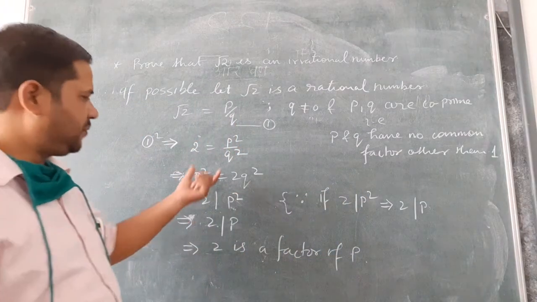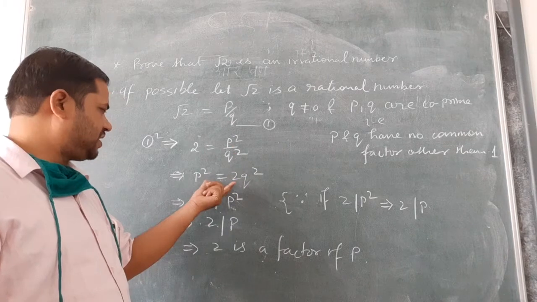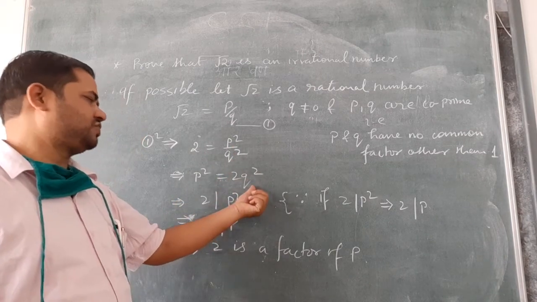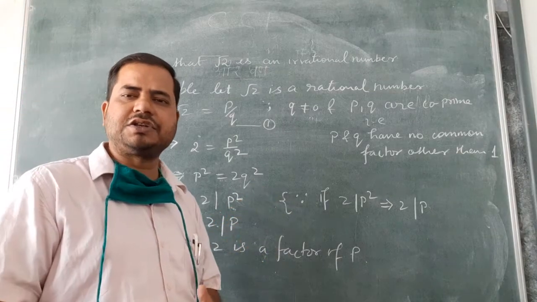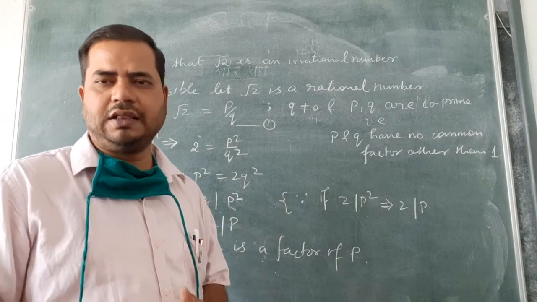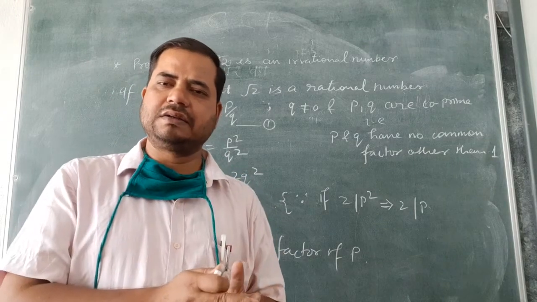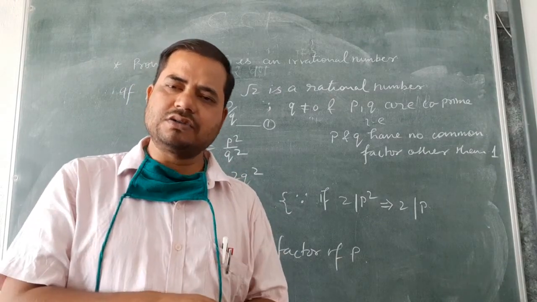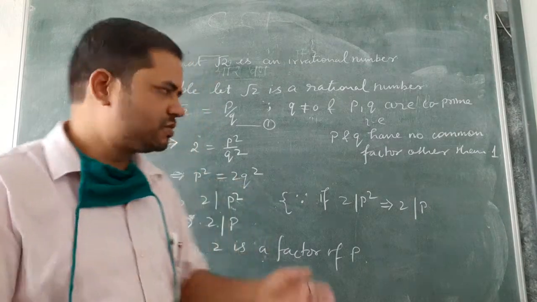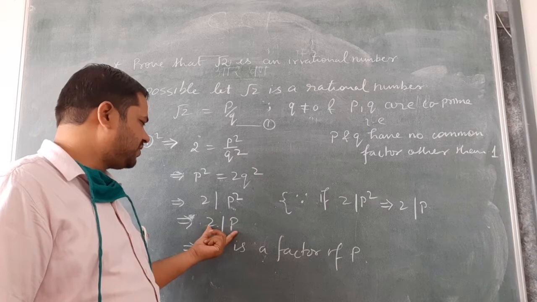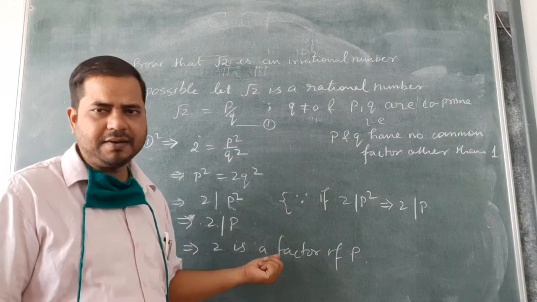Again, I repeat these steps. p square is equal to 2q square. Suppose 6 is equal to 2 into 3, that means 2 divides 6. So if 2 divides p square, then 2 must divide p.